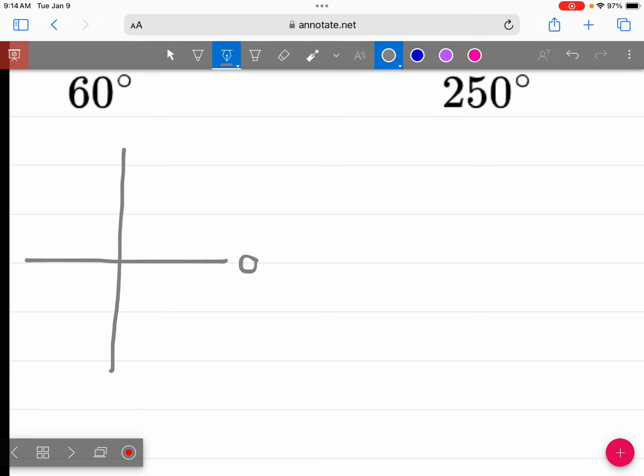This is our initial side. I'm going to call it 0. We're always starting on this x-axis. What number of degrees would get me up to this line right here? 90 degrees. What number of degrees gets me over to this line over here? 180.